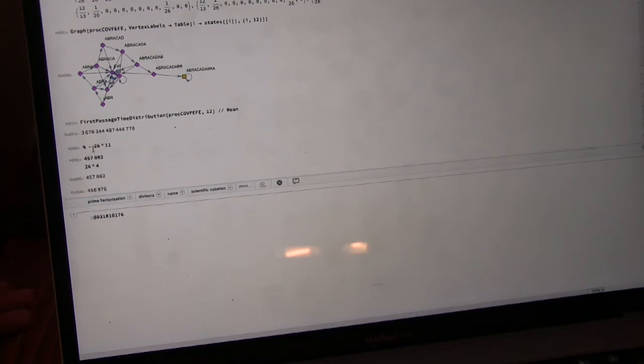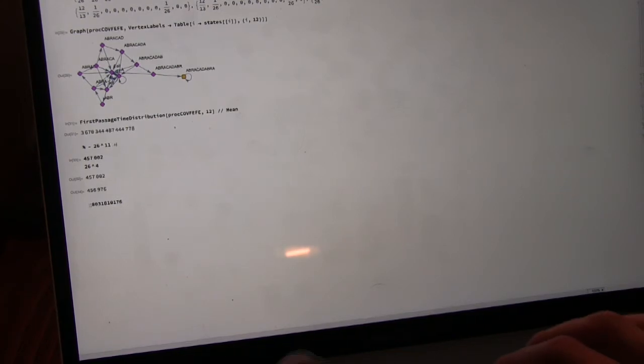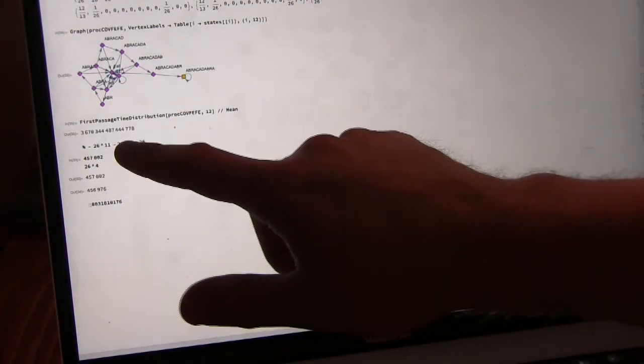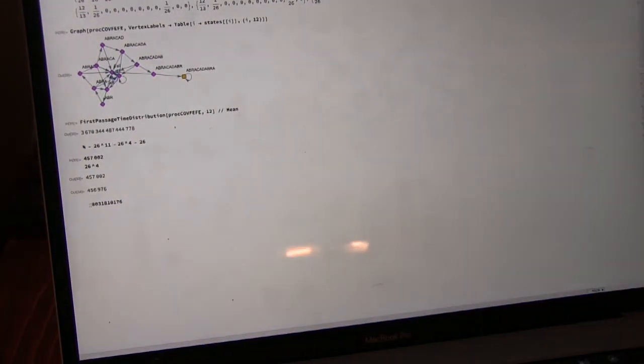So the answer we got turned out to be 26 to the 11th plus 26 to the 4th plus 26. I need to run this again and subtract away 26 to the 11th, plus 26 to the 4th, plus 26. You see what I mean? And I get 0. Cool.